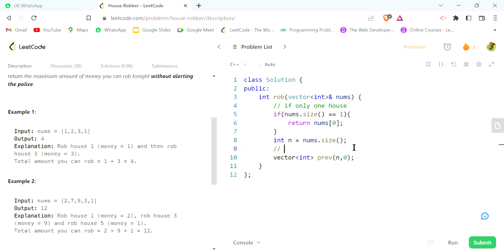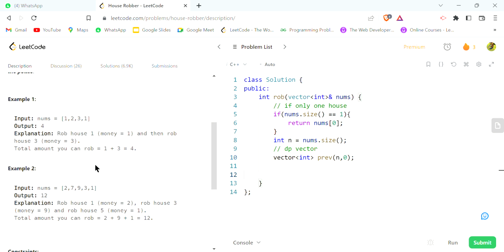The dp vector is used for storing previous profit. Then we run a loop with int i starting from 2, and i should not exceed the size of the array. We will handle it later.